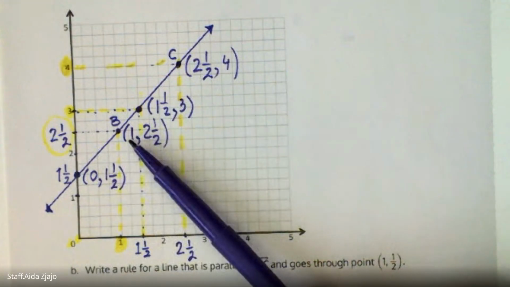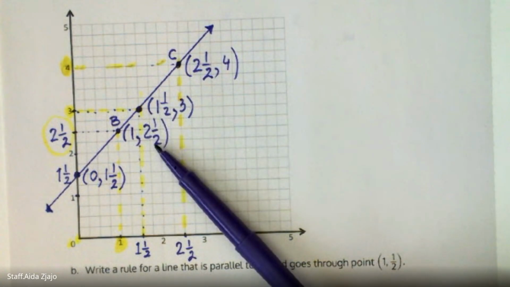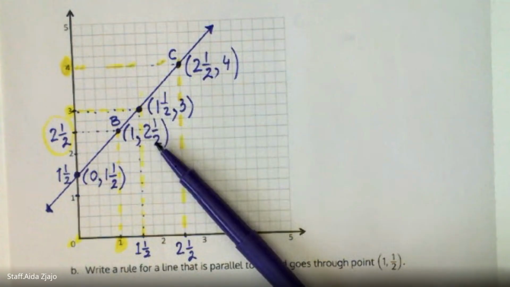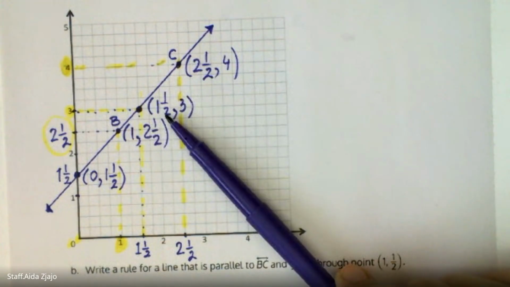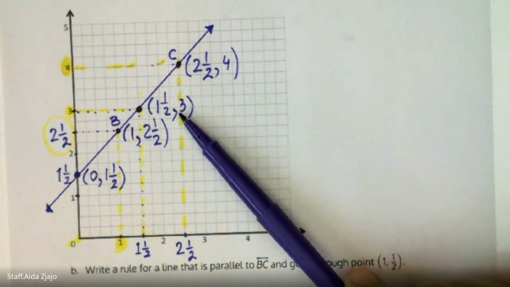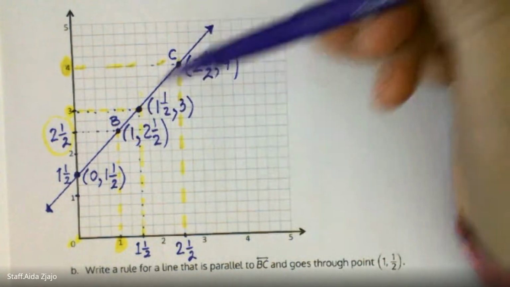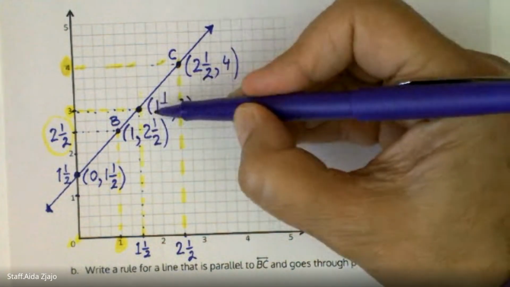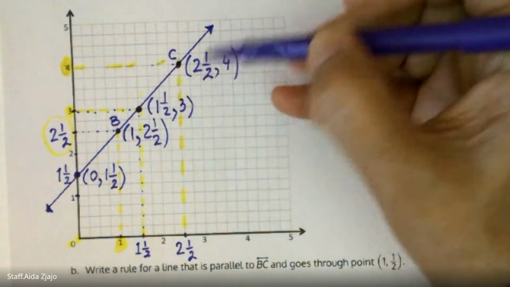If x is 1, then y is 1.5 more. Okay, so 1 plus 1.5 makes 2.5. If x is 1.5, and I add 1.5, I will get 3. So it looks like my rule is having x and adding 1.5 to it.